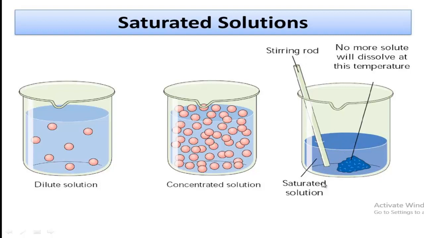That means a saturated solution is the solution in which no more solute will dissolve at this temperature, that is, at room temperature, if we are preparing the solution at room temperature. That means the amount of solute which I added is actually the maximum amount of solute which can be dissolved in this solvent at room temperature.